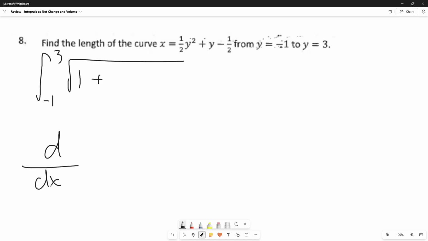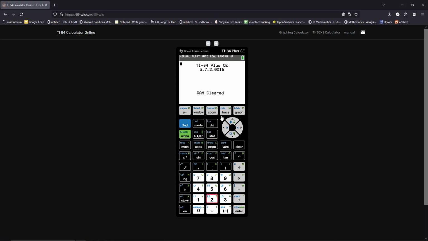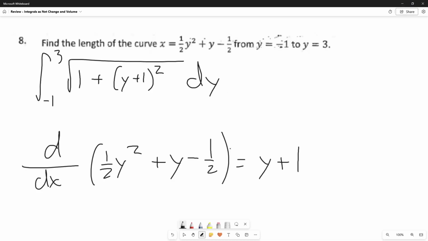So d over dx of 1/2 y squared plus y minus 1/2 is equal to y plus 1. So y plus 1 squared dy. And when we put this into our calculator, we don't need to put y's in place of the x's.